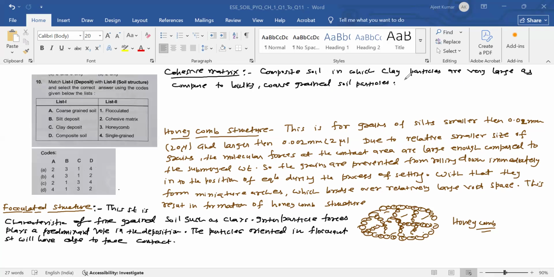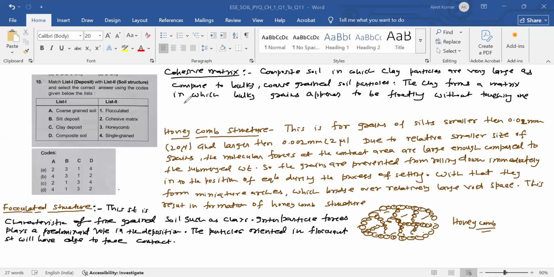Okay, the clay forms a matrix in which bulky grains appear to be floating without touching one another.